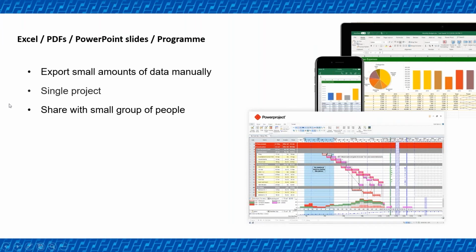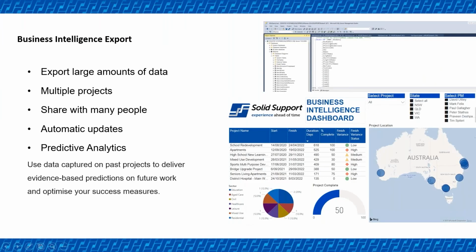However, if you would like to show and export a large amount of data, especially the information that's stored in the back of your program, when you have multiple projects, or if you want to share your results with many people in your organization, for example, business intelligence exports is really the way to go.